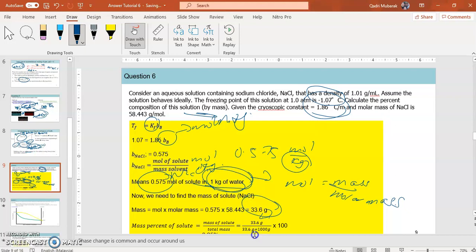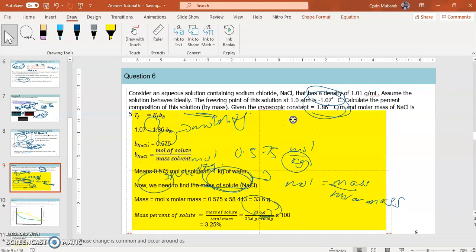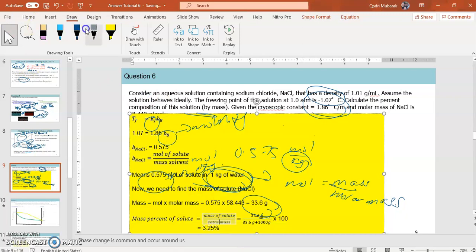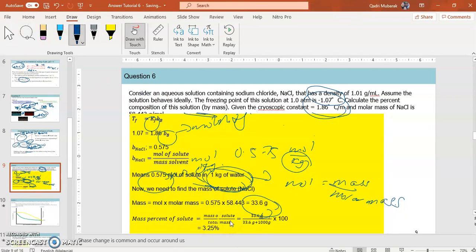When we convert it to grams, it becomes 1000 grams plus 33.6, because it's the total mass of our system, times 100, and we will have our answer. We calculate it, and we have 3.25%.